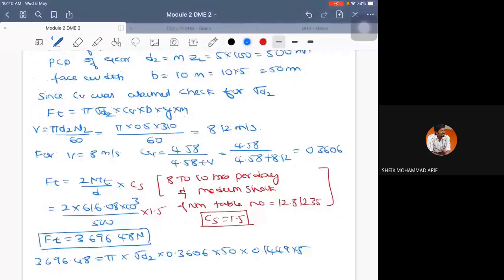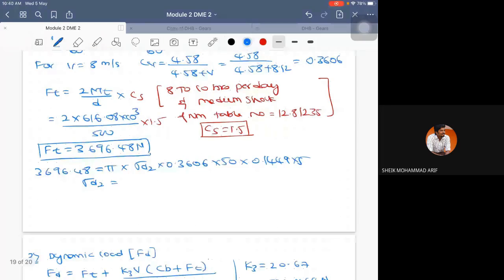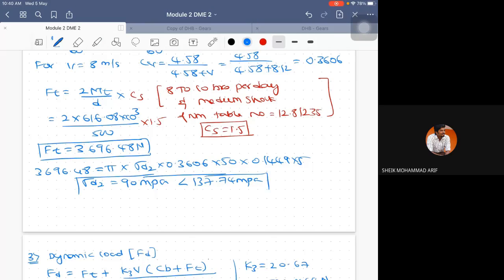Now, your sigma D2 value would be 90 megapascal, which is lesser than 137.74 megapascal. Am I correct? According to the textbook, it is 90 megapascal, the exact value. Just check. 90, yes, 90.89. Okay.